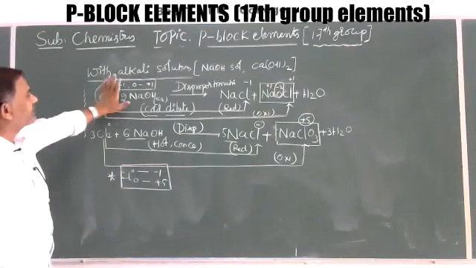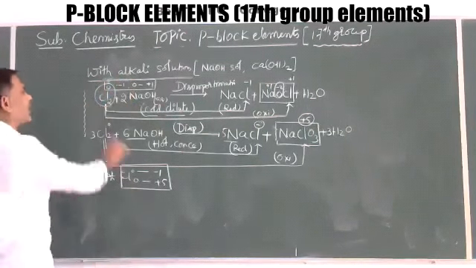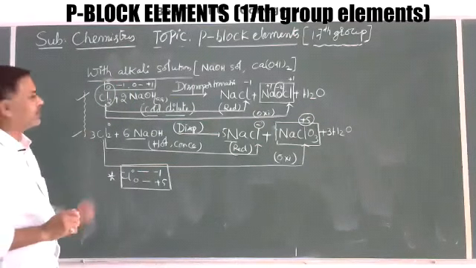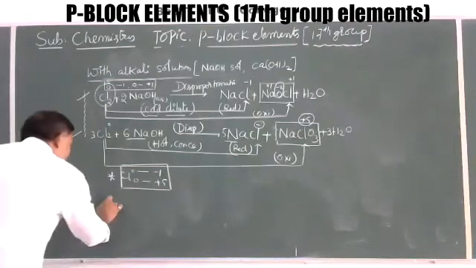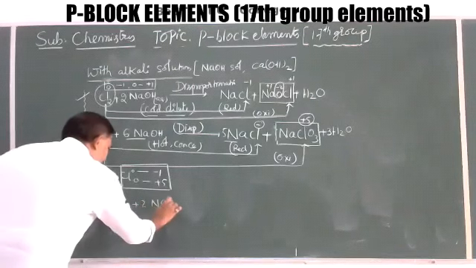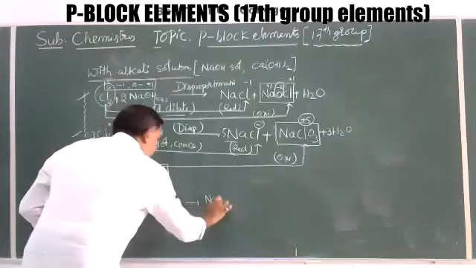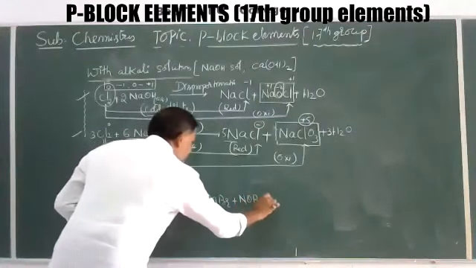So when chlorine is reacted with alkali solution, two cases are there. One is with dilute condition, another one is hot condition. Not only chlorine, even bromine Br2 reacts with 2 NaOH to give NaBr, sodium bromide, plus NaOBr plus H2O.